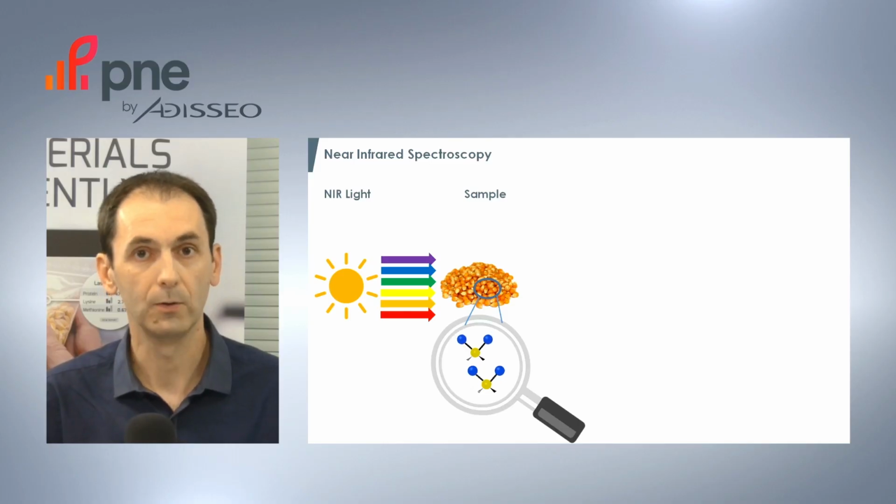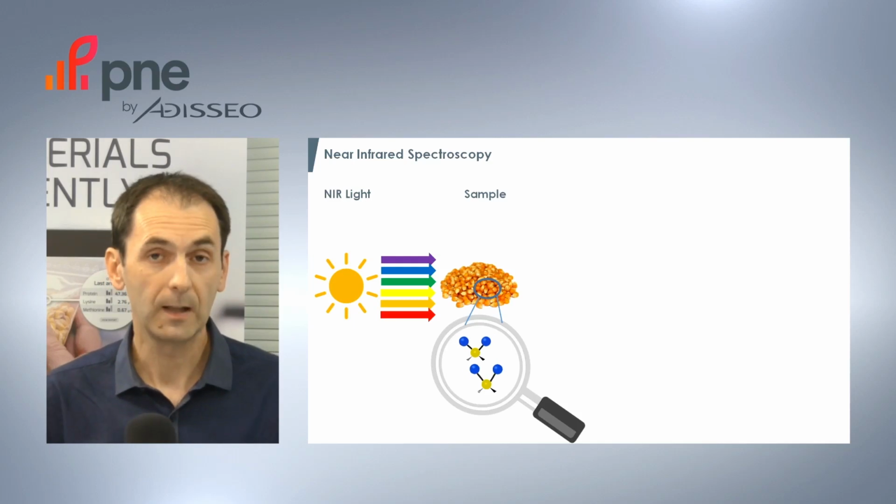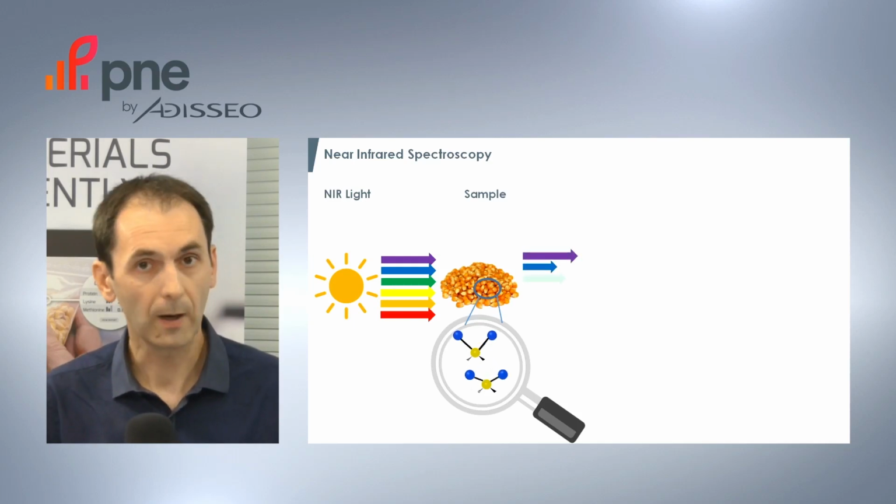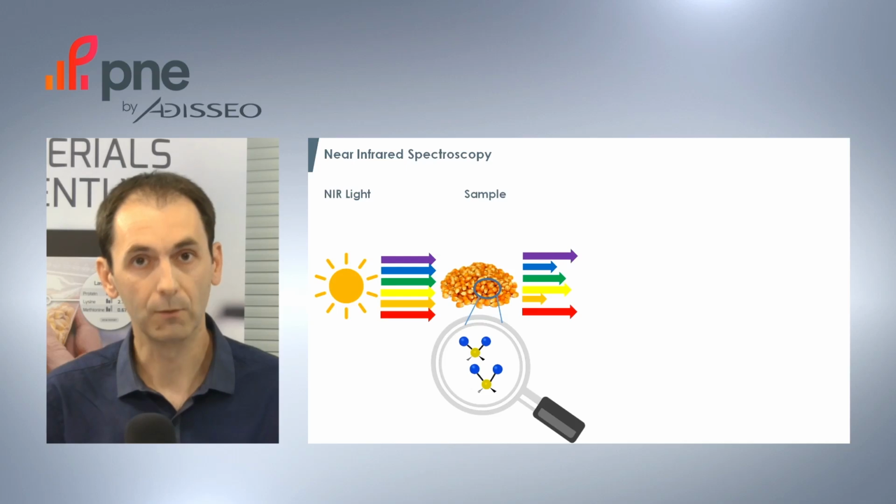Yes. So NIR stands for near infrared, and this is a spectroscopic technique that uses the portion of the light that is located right after the red in the wavelength range. When the NIR light is shined on a sample, a part of that light will interact with the vibrations of the molecules inside the sample.